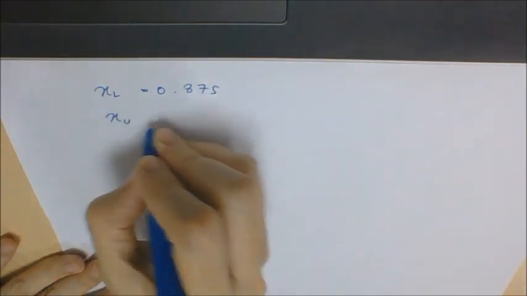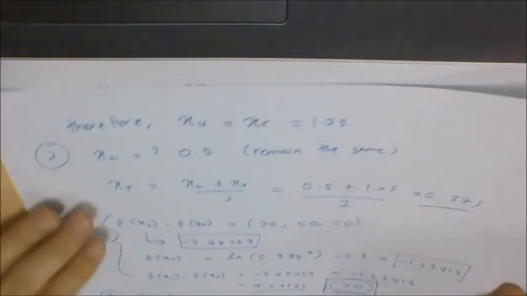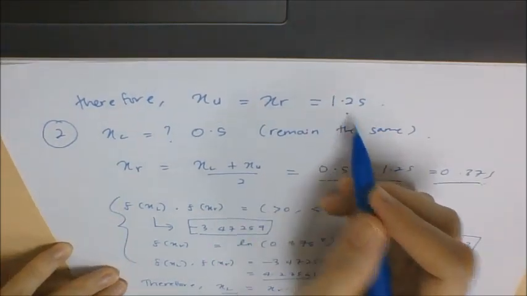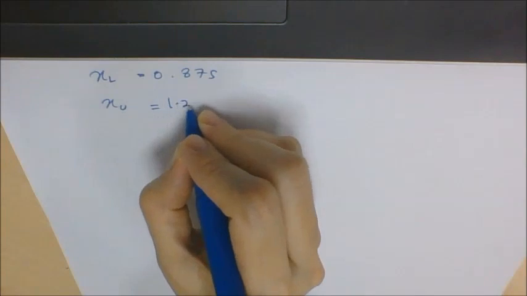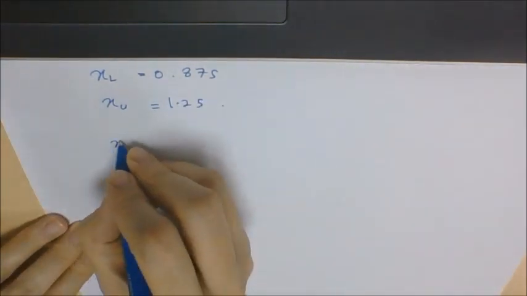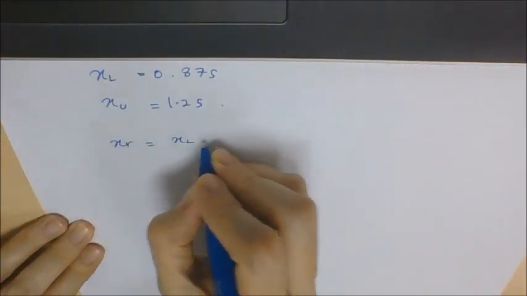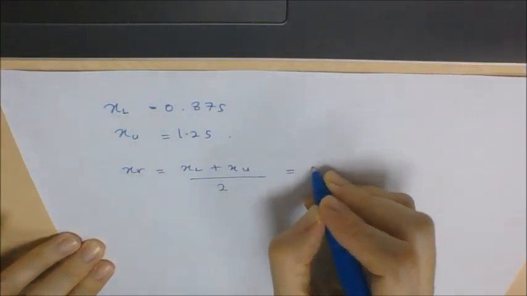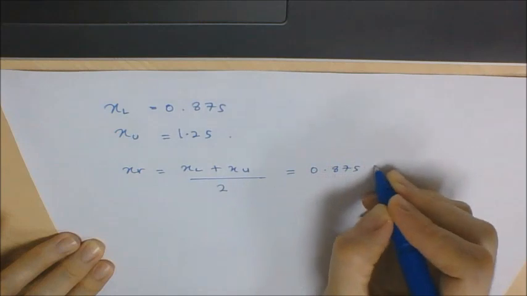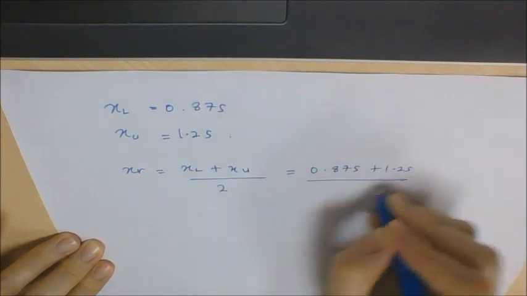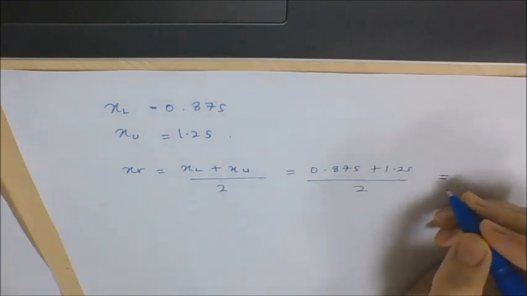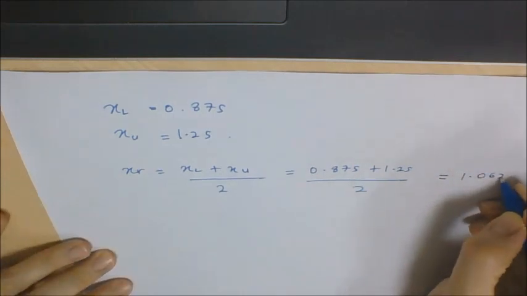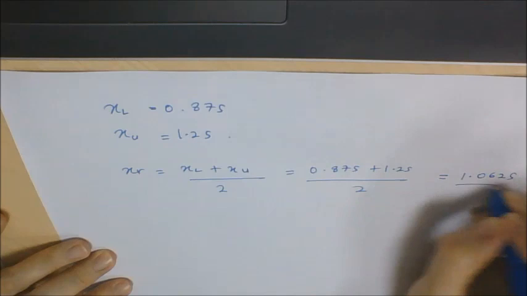XU will remain the same, which is 1.25. Again, you calculate your XR: XL plus XU divided by 2. 0.875 plus 1.25 divided by 2, and you will get 1.0625. So this is your new XR.